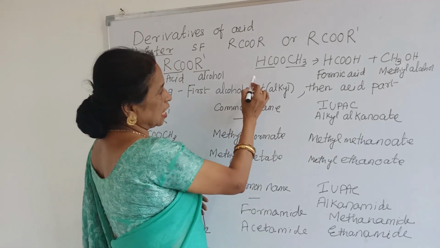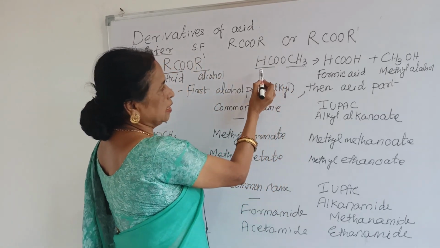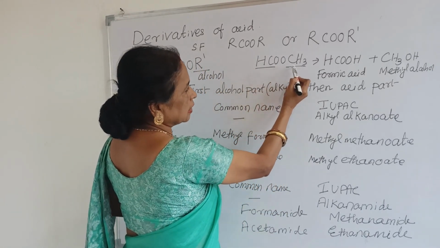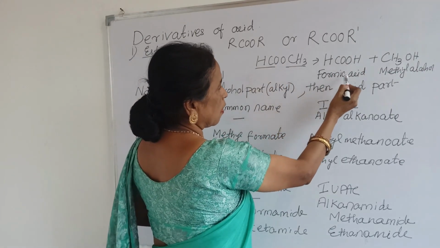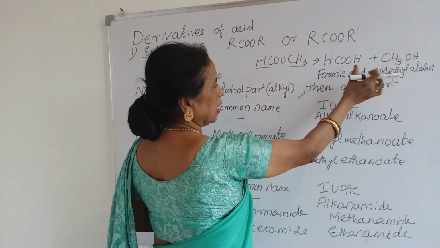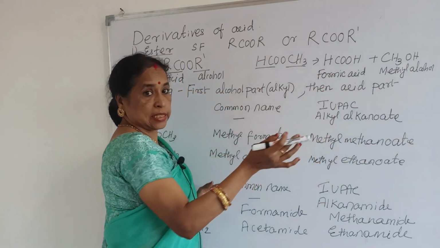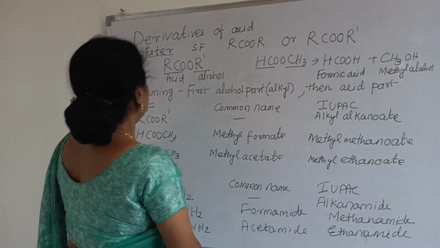Let us say one example, HCOOCH3. That means this part is from acid, this part from alcohol. You can say this is formic acid and this is methyl alcohol. When methyl alcohol and formic acid combine, it gives the ester.